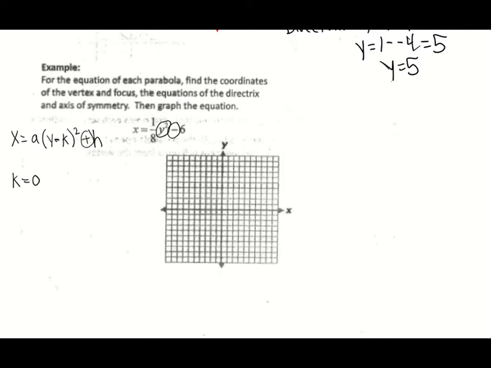So we need to have the opposite sign in order to get that positive. So we have our h is a -6 instead of a positive. See, when we plug in that -6 into h, that's how we get the negative there. And then our value for a is whatever is out front of that y squared, which is 1/8.